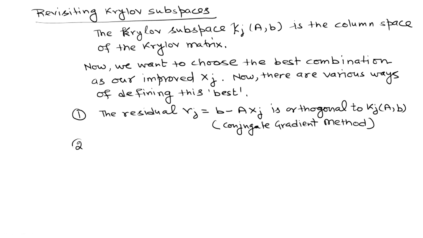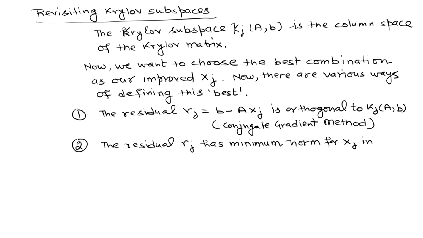The second strategy is that the residual r_j has minimum norm for x_j in K_j(A, b).